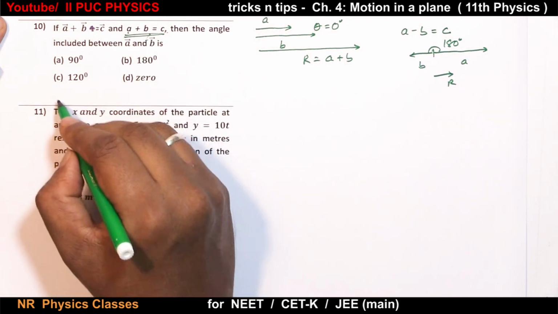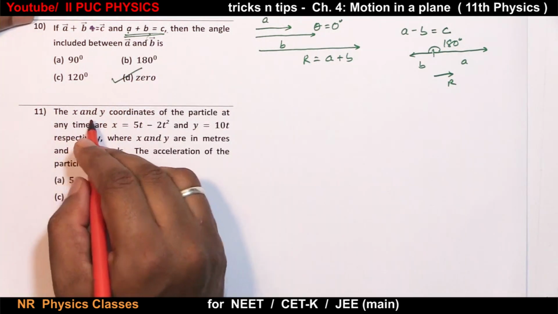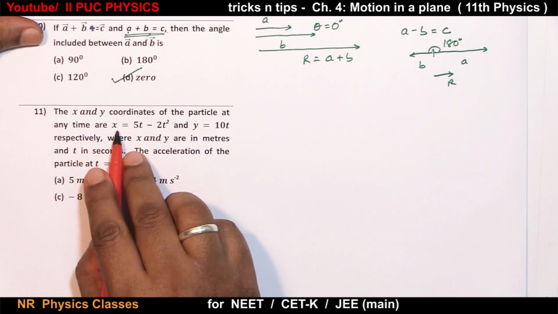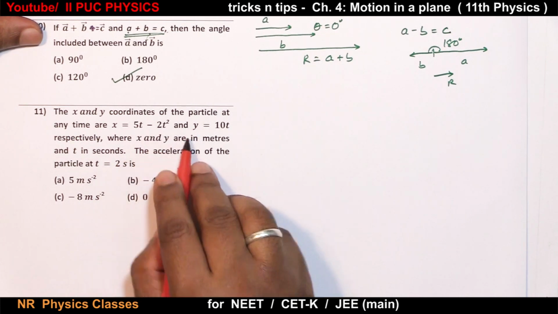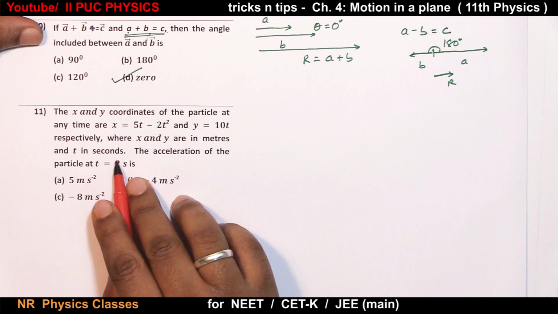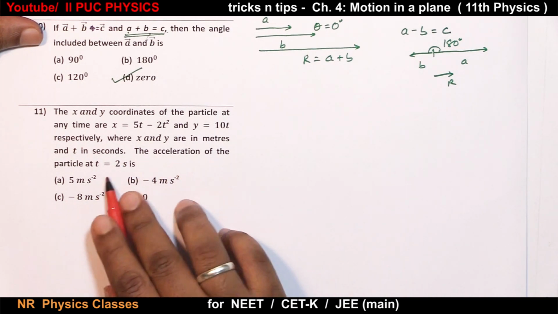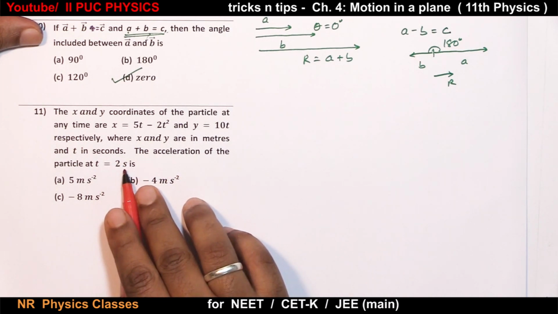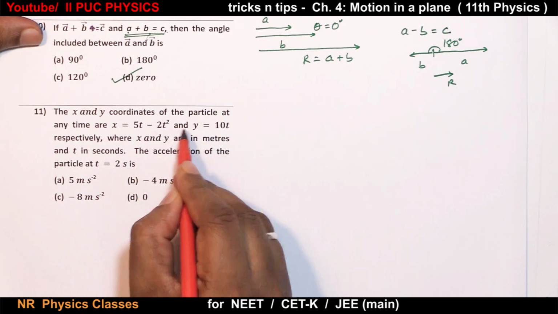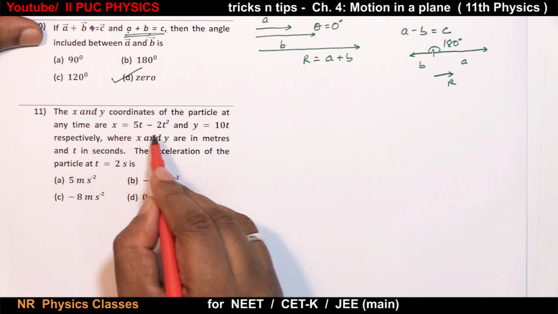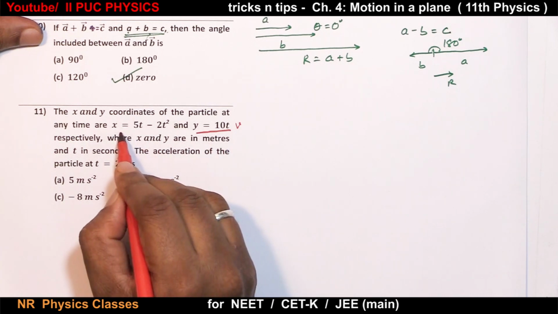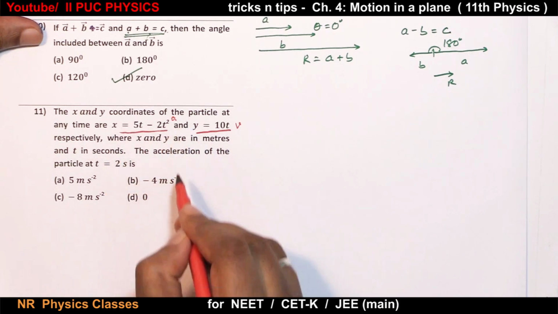So theta is 0. The x and y coordinates of the particle at any time are x equals 5t minus 2t square, y equals 10t respectively, where x and y are in meters and t is in seconds. The acceleration of the particle at t equals 2 seconds is? By observing these equations, we can say that this is uniform velocity and this is uniform acceleration.